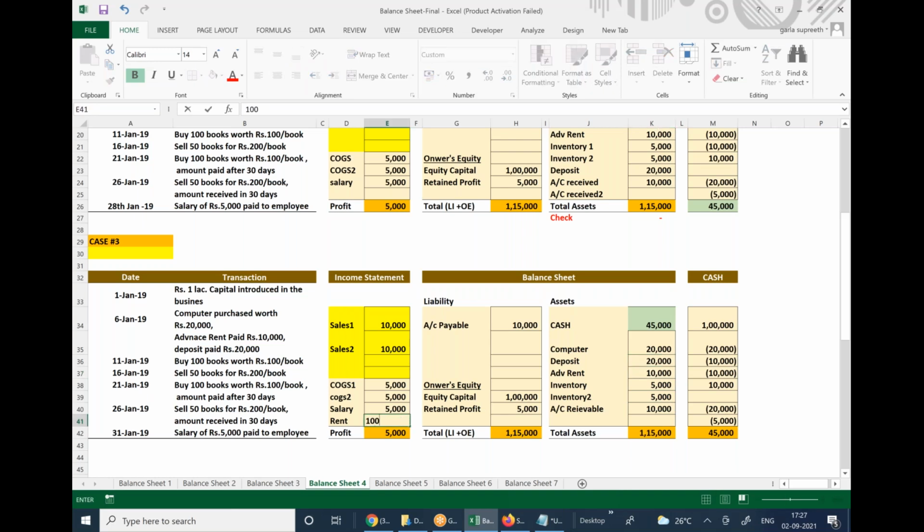So your rent will be 10,000, whereas your advance rent will be removed.